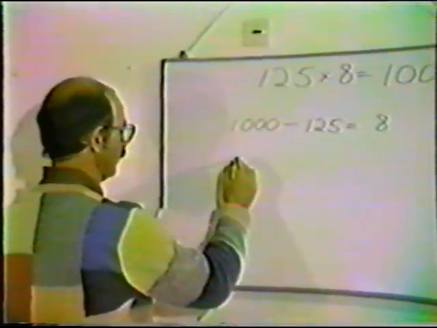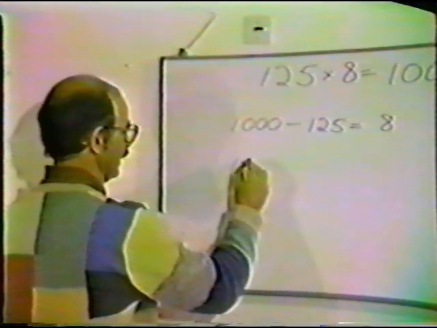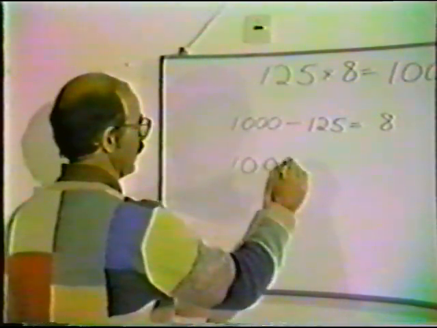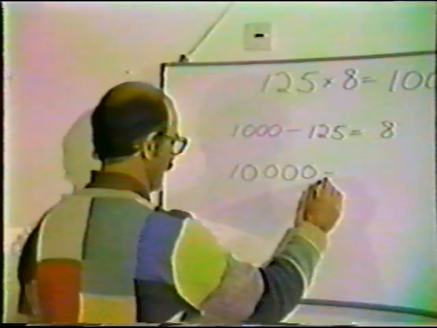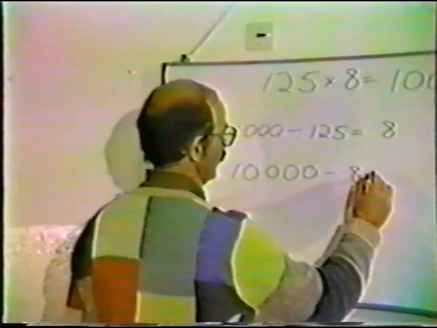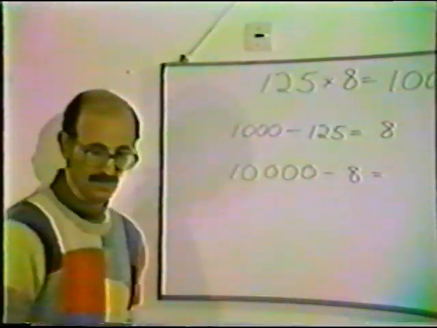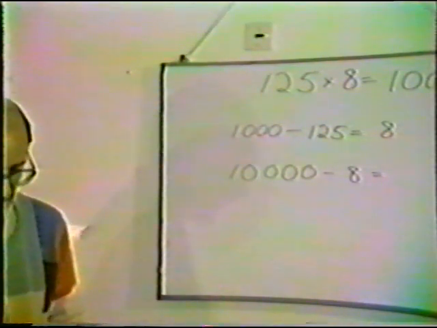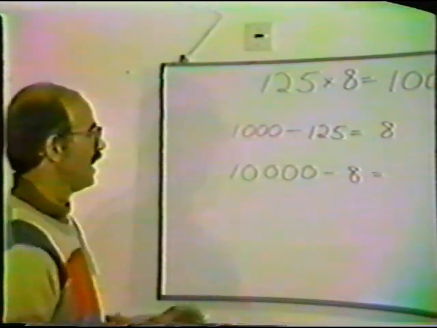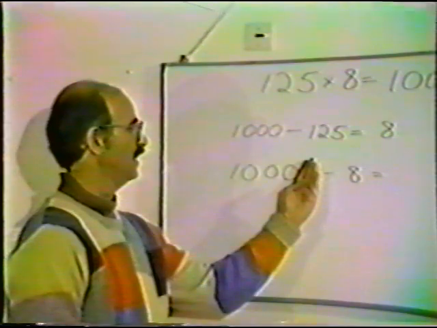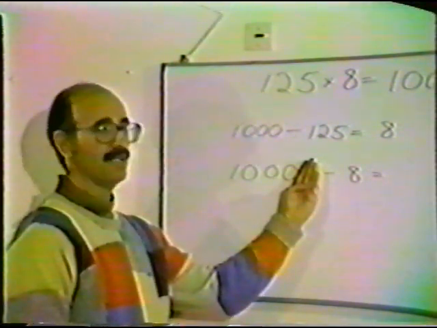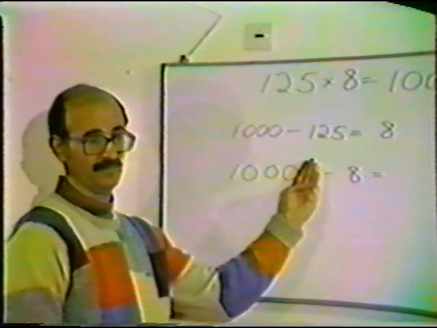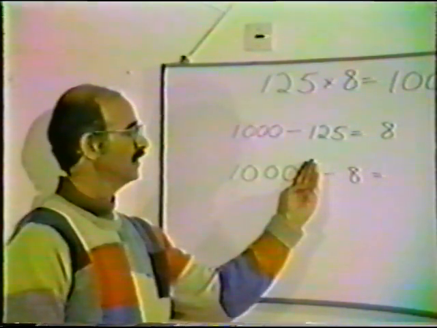Suppose I asked you what 10,000 divided by 8 is equal to. Well, let's just first look at it as 1,000. How many 8s in 1,000? 125.